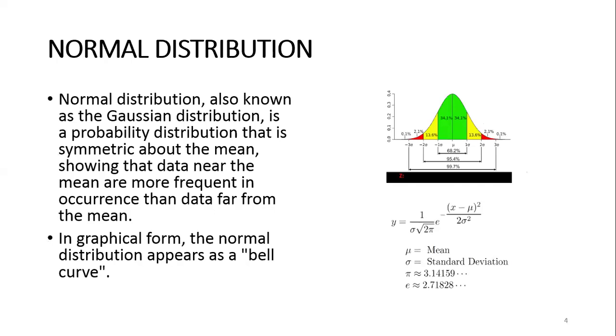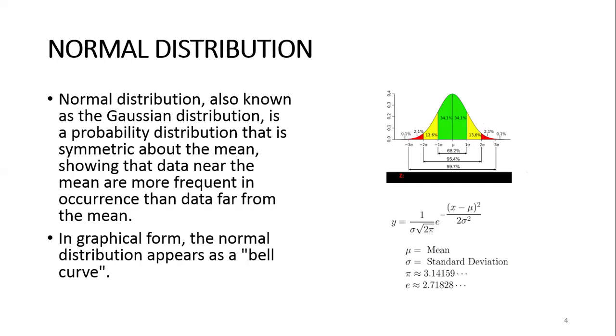Okay, the normal distribution. In data analytics, the normal distribution is very, very important. If you are a data analyst, you must have at least some idea of the normal distribution.